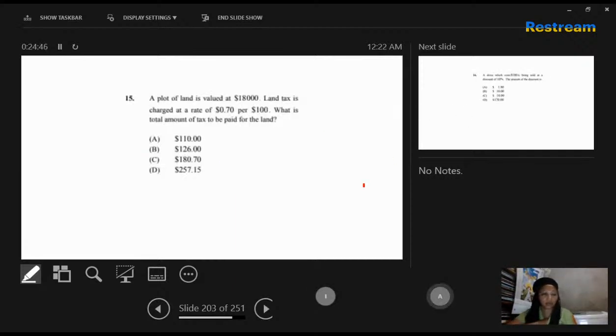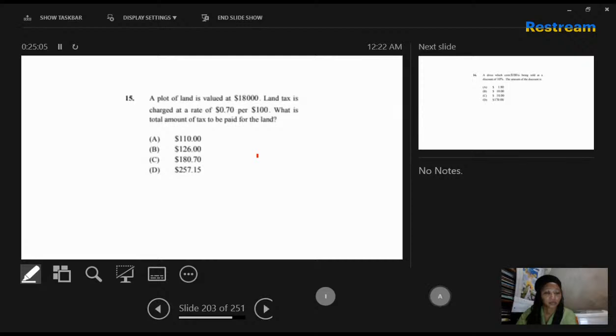Number 15. A plot of land is valued at $18,000. Land tax is charged at a rate of 70 cents per $100. What is the total amount of tax to be paid for the land?